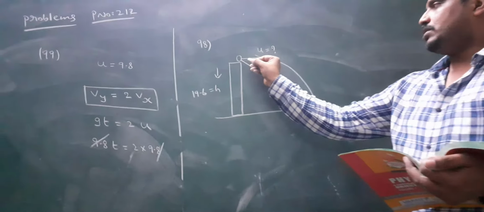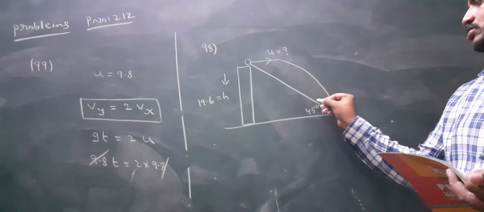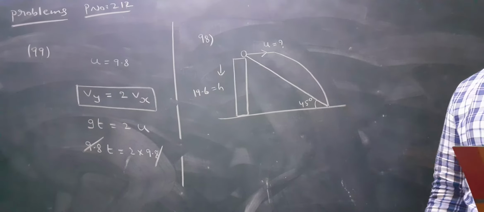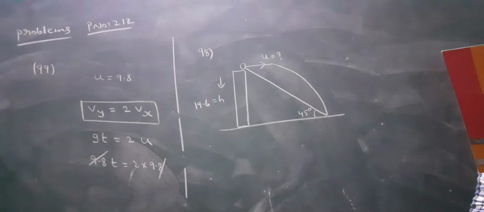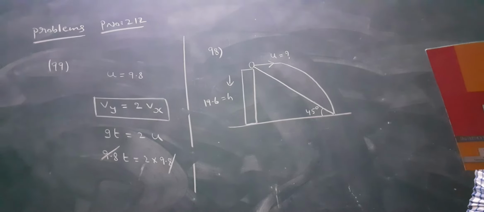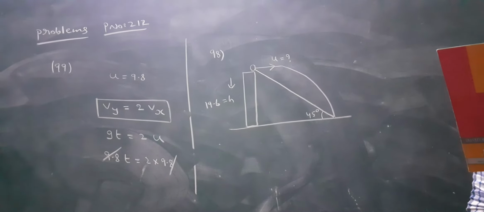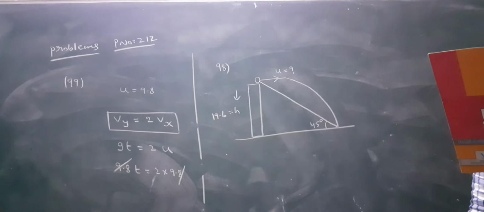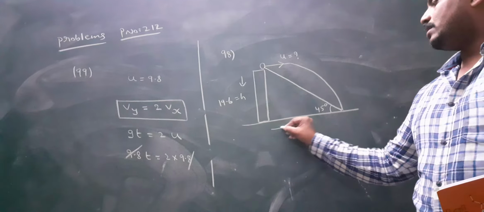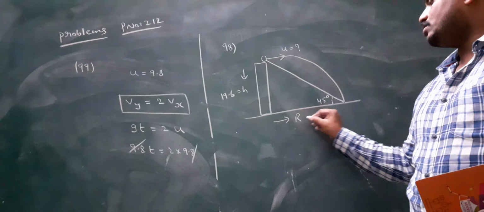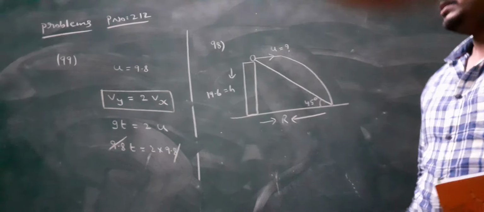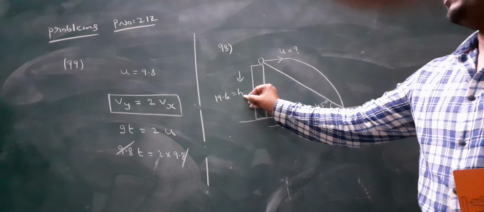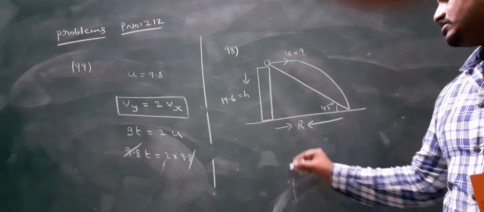Question number 98. Here we have to find the initial velocity. This horizontal distance is the range. According to this situation, at 45 degrees, this side is opposite, this side is adjacent.